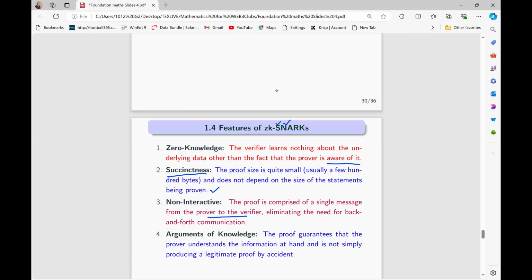Then argument of knowledge. From here is argument of knowledge. So the proof guarantees that the prover understands the information at hand and is not simply producing proofs by chance. So you can prove by chance.